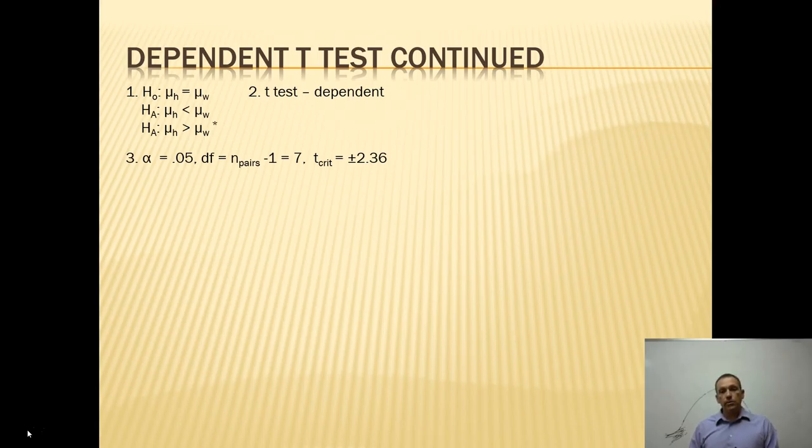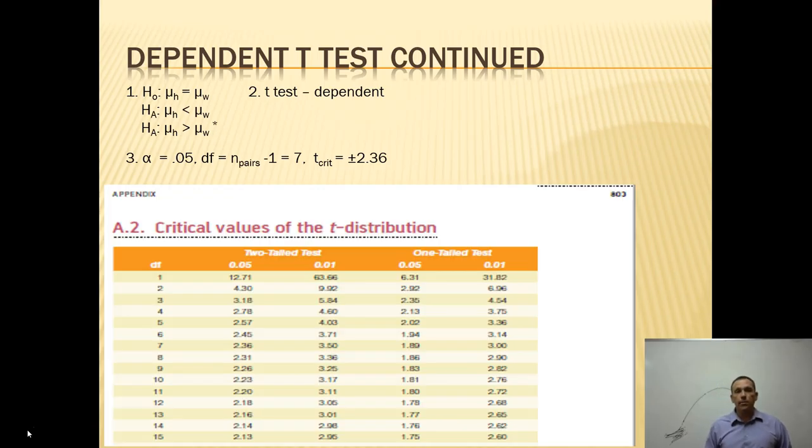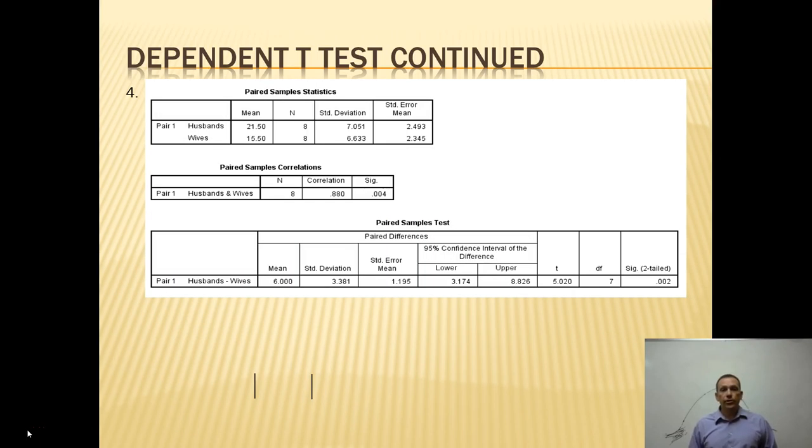Okay, 8 pairs minus 1, 7 degrees of freedom. So again, we can look at our t-table, two-tailed test at 0.05, follow the column down to 7 degrees of freedom, move over to the 0.05 level, and we get our t-critical of plus or minus 2.36, with an alpha of 0.05. Go to step 4, we want to actually conduct the analysis.